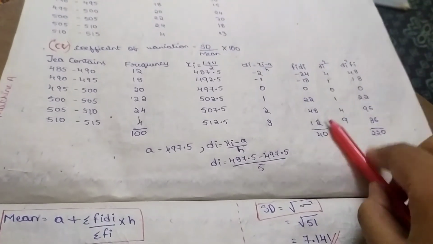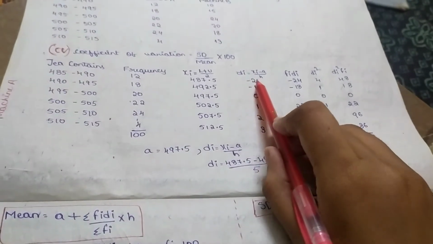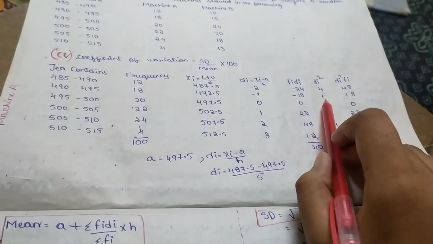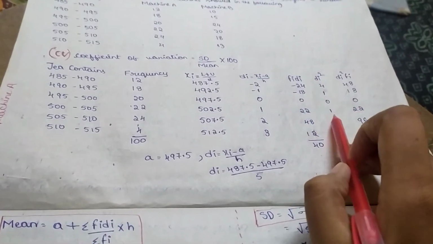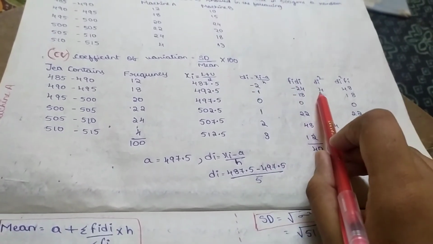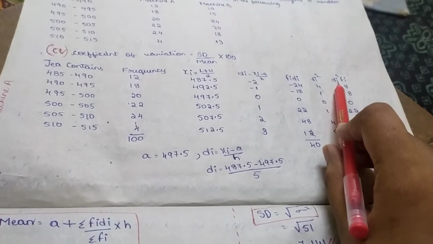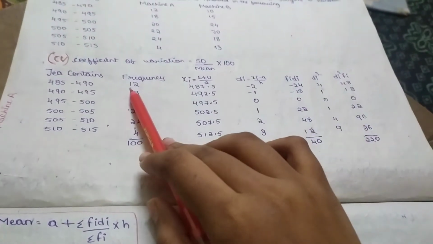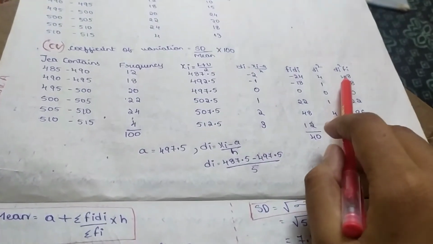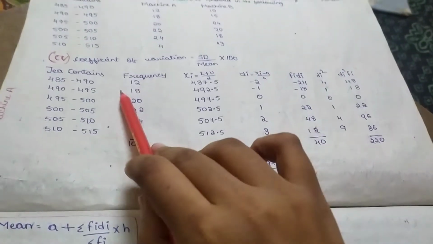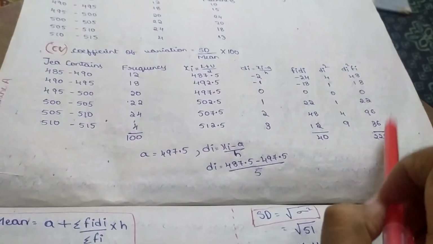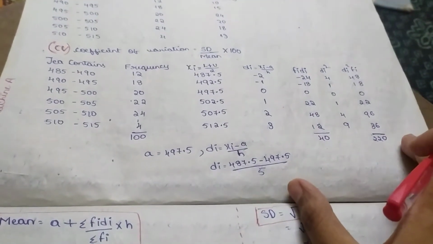So this is di: minus 2 square is 4, minus 1 square is 1. The next column is di square into fi. Di square is 4, into fi, 4 twelves are 48, and then 1 eighteen is 18. In this way we added the columns and drew the table.